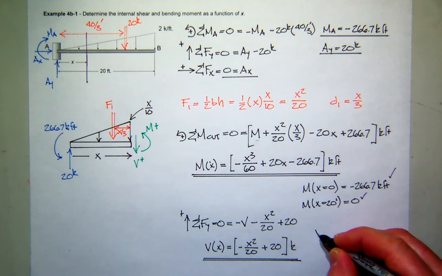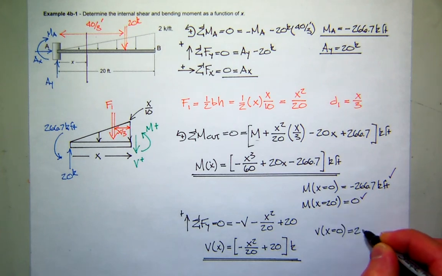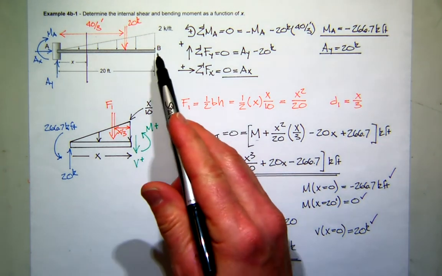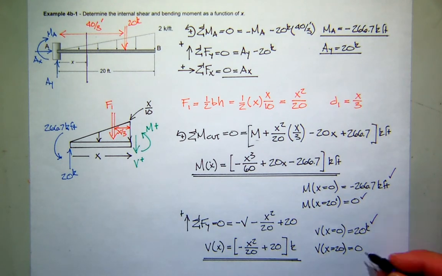So does my equation at x equals 0 tell me the shear is positive 20 kips? Yes, it does. Excellent. What's the shear at B, which is x equal 20? It's a free end. I don't see anything there, so the shear ought to be 0, right? Does my equation when I put in x equal 20 give me 0? It does.